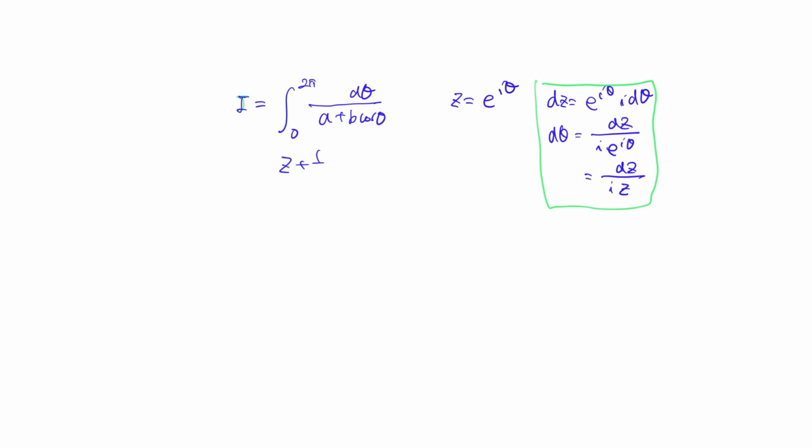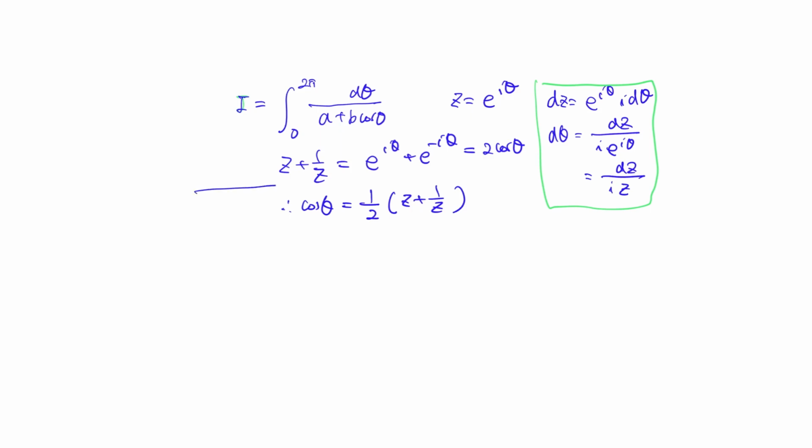Z plus 1 over z is exponential i theta plus exponential minus i theta, which is 2 cosine theta, right? Therefore, cosine theta can be written as one half of z plus 1 over z.